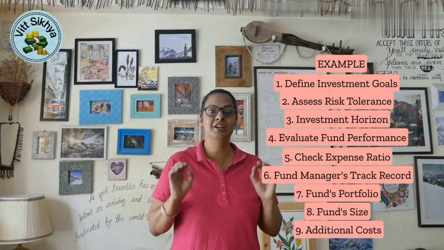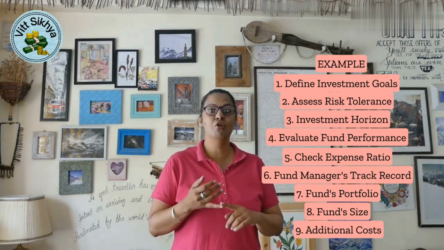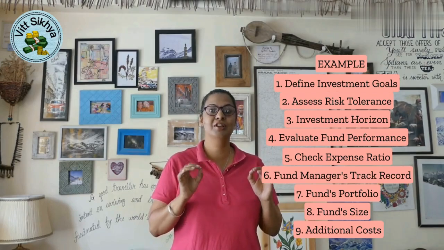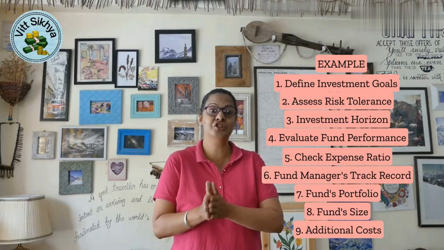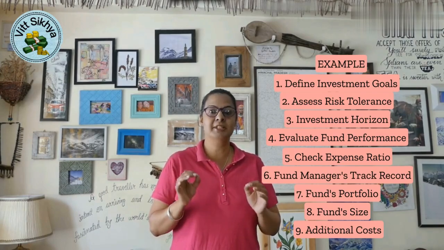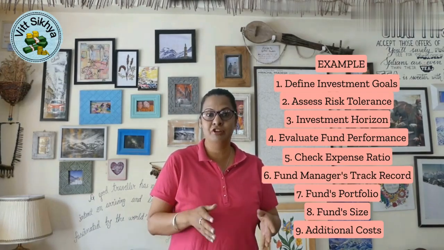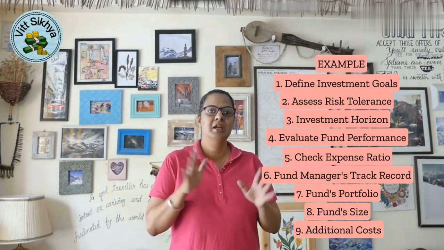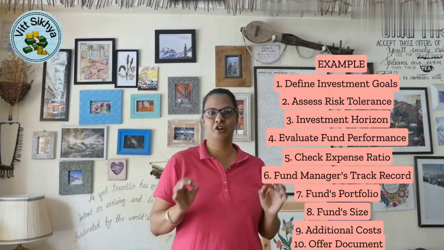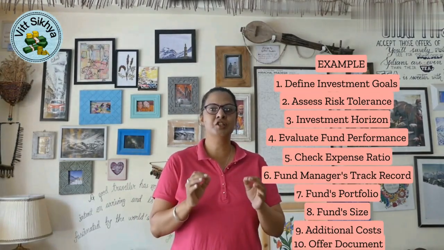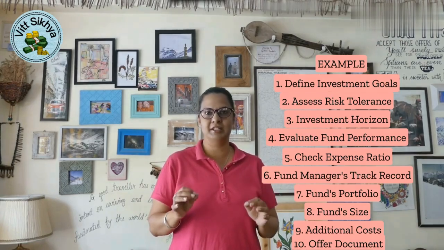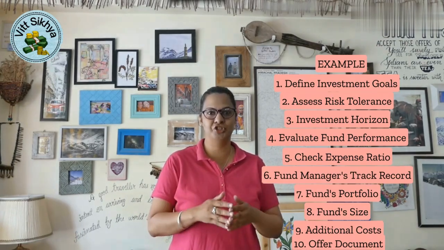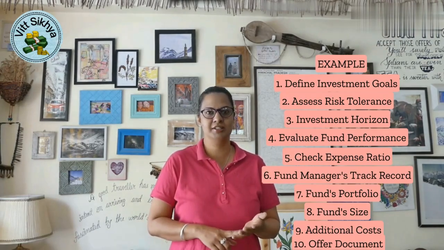Number 9. Additional costs. Look for any exit loads. Suppose Mirae Asset's large cap fund has a 1% exit load if redeemed within 1 year, which is standard. Number 10. Offer document. Read the fund's prospectus for complete details on its investment strategy, risks, and costs.